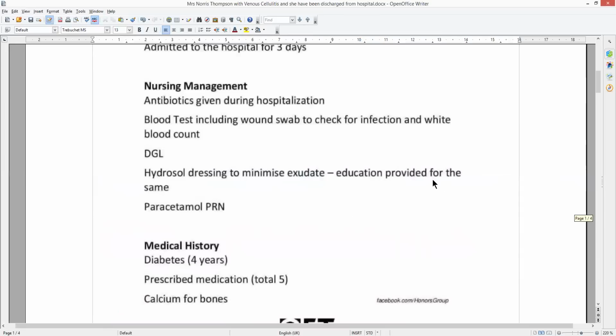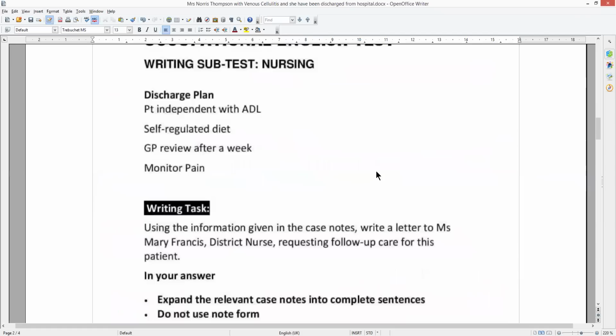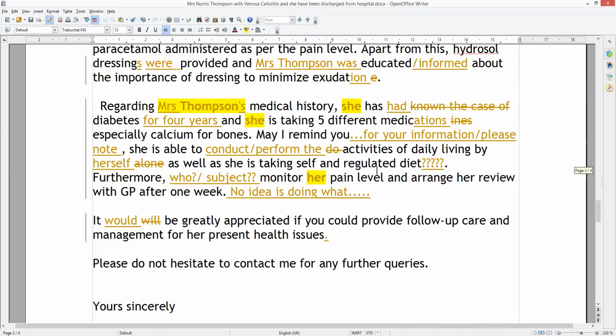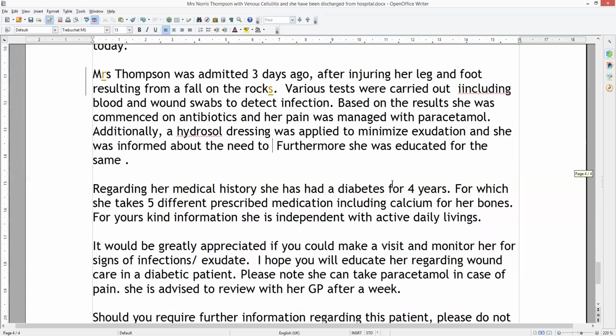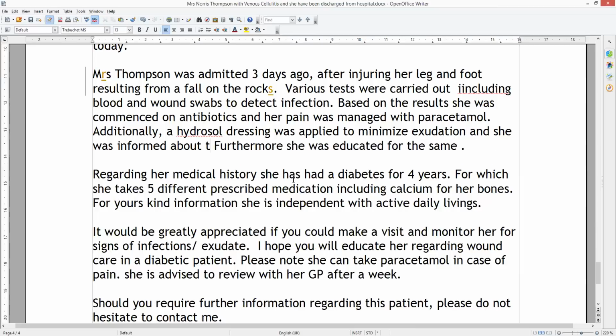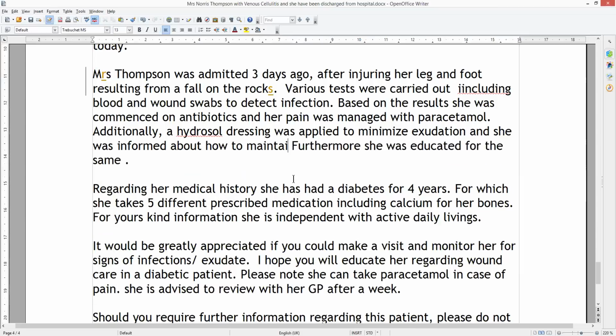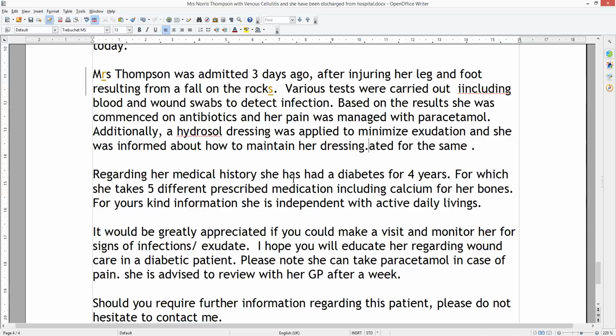Education provided for the same. Well, you've got to paraphrase that anyway. You know, you can't simply repeat. She was informed about how to, I don't know, maintain her dressing. You've got to paraphrase. You can't just use the same words or phrases because they will cross them out.